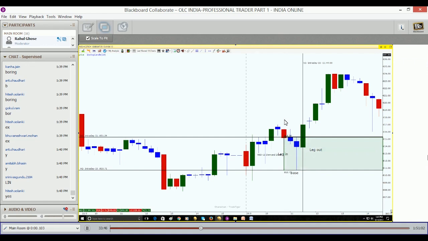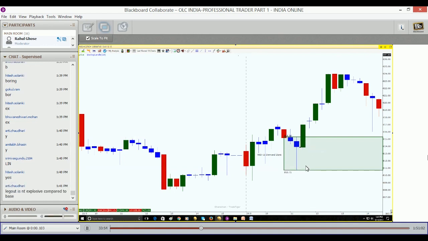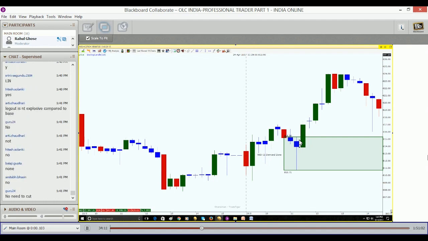I remove this line, this line, this line, this line. To reach this base, would you agree that I have to cut candles or I don't have to cut any candles? I don't need to cut any candles.